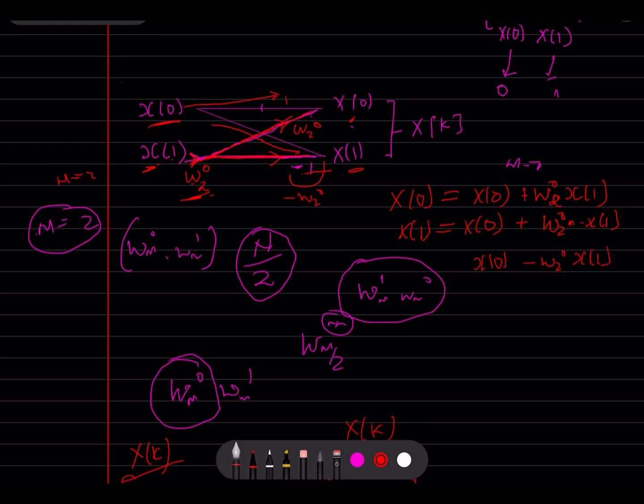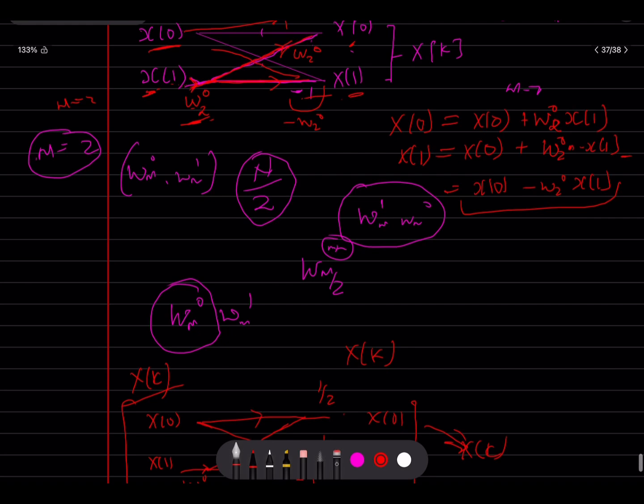So at the end of the day, we are going to get x of 0 minus omega 2 of 0 times x of 1. This illustrates whatever derivation we did in my previous video, which reflects the symmetrical nature of the twiddle factors. So if I compute this, I don't have to waste my time writing this formula again. I can just write this one minus this one straight away and get it.